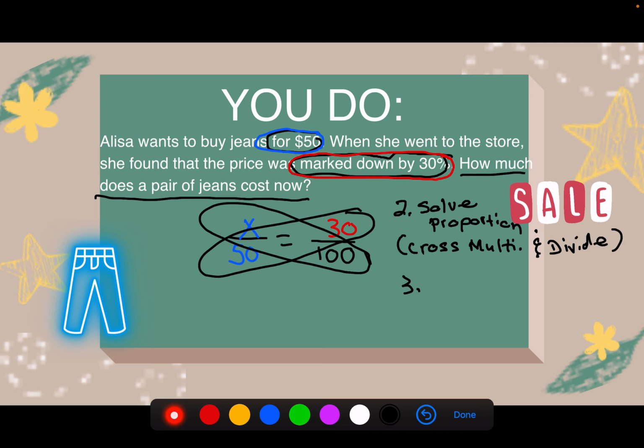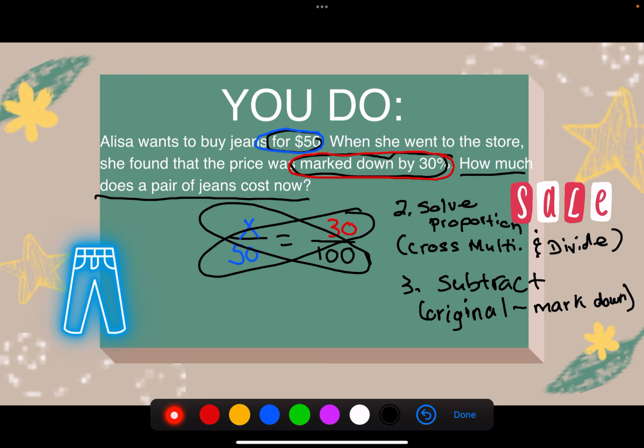And then you're going to do step 3, which is subtract. And remember, you're going to subtract the original minus the markdown. And that'll give you your answer. So you're going to finish that up. I've finished writing the steps for you so you know what you're doing. Okay? Go ahead and pause your video so you can finish this.